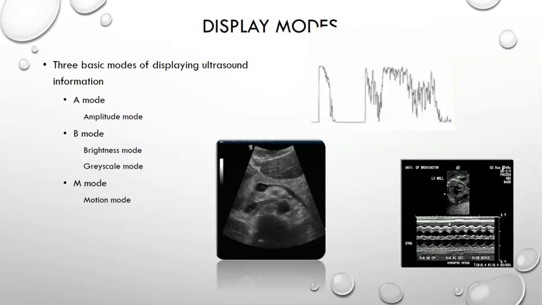A mode is what we call amplitude mode. And if we look at this slide, this is an amplitude mode up here of an artery, where we're looking at the wall of the artery, then the fluid within it, and then the far wall of the artery, followed by some fat beyond it.